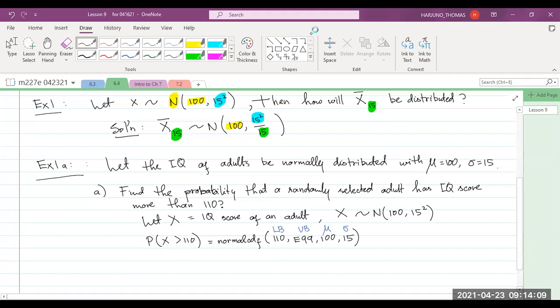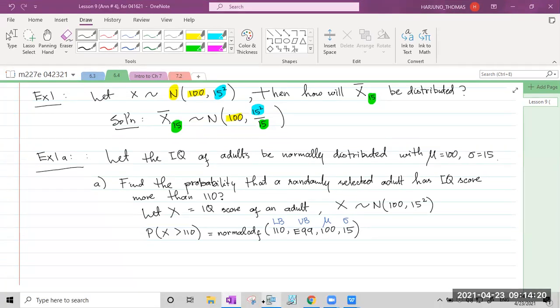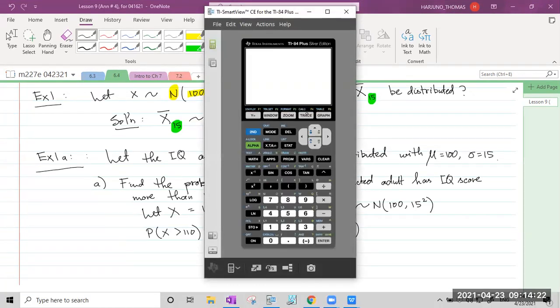Now let's use the calculator. How to compute that? Second distribution, normal CDF. The lower bound is 110. The upper bound is E99.